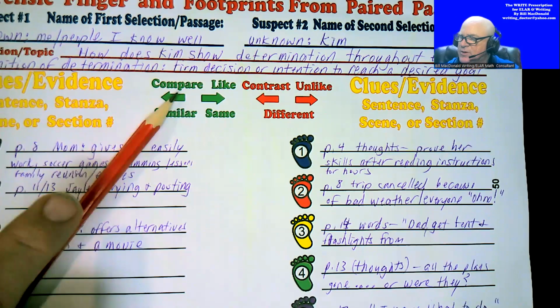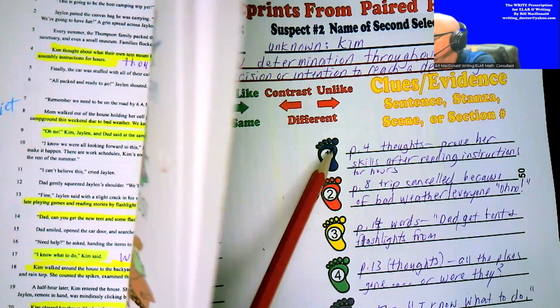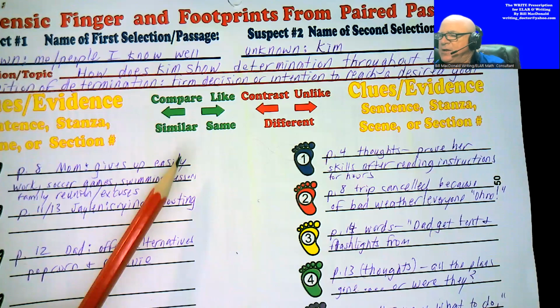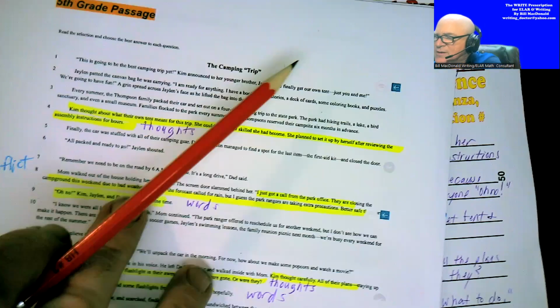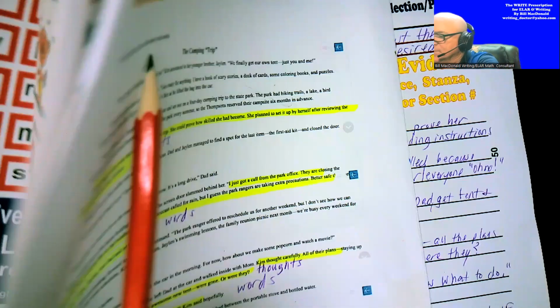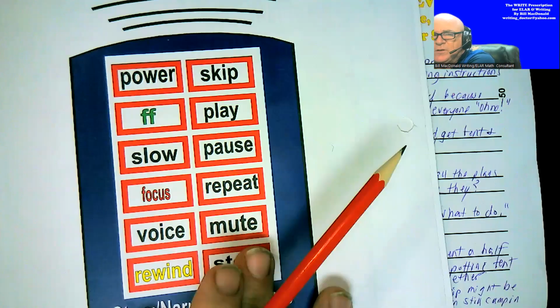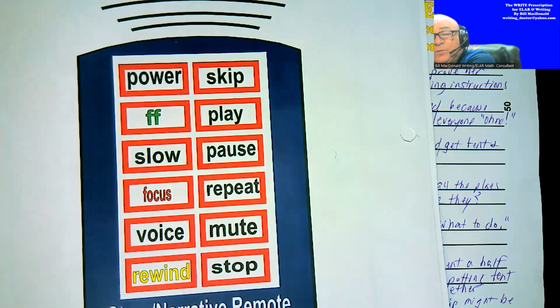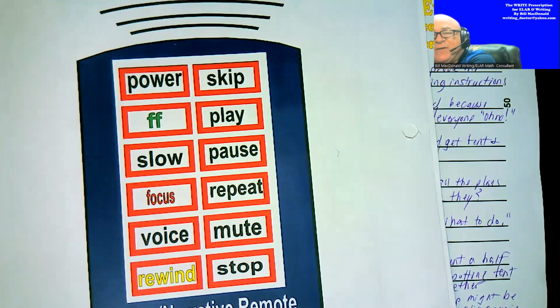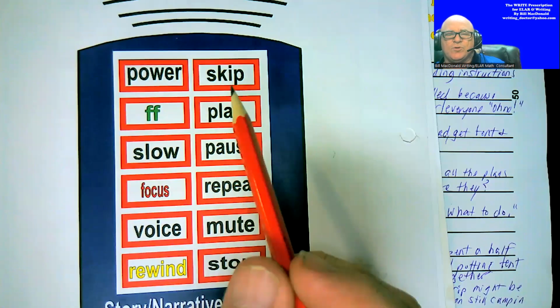So as we look through here, I do want to show you that I got my storytelling remote started. I wanted to be able to use it because we said that life happens at full speed and reading and writing happen in slow motion.